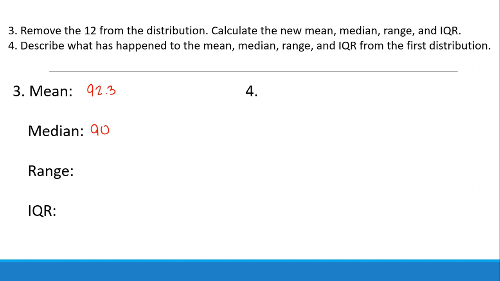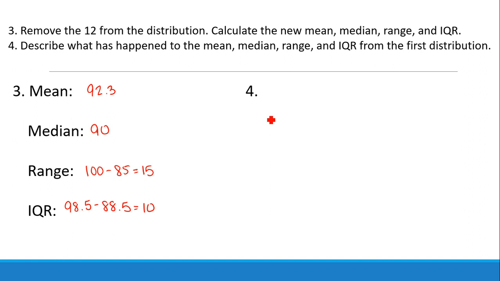My range is 100 minus 85, which is 15. And my IQR is 98.5 minus 88.5, which is 10.